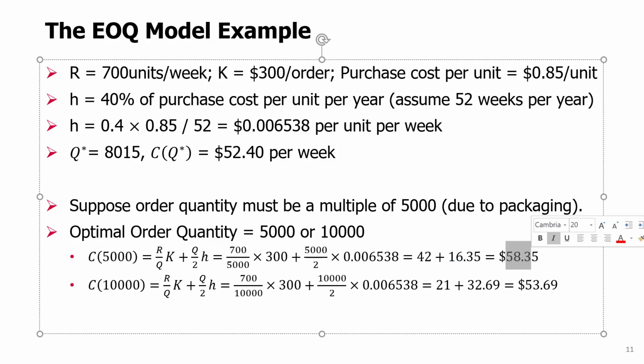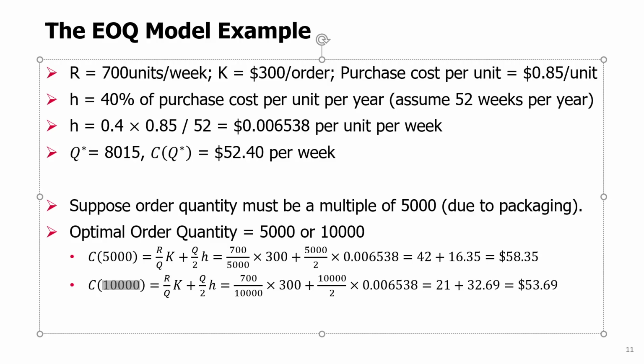Overall, in balance, the total also went up. Here, the ordering cost decreased because we order a larger quantity, so we order less frequently and the ordering cost per week is dropping. The holding cost, however, is increasing because now we will be holding larger quantities: on average 10,000 over 2 units held in inventory.